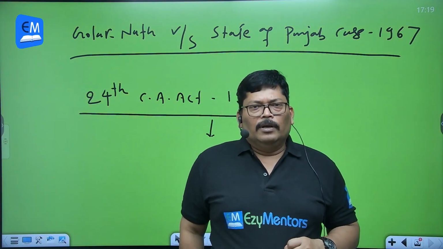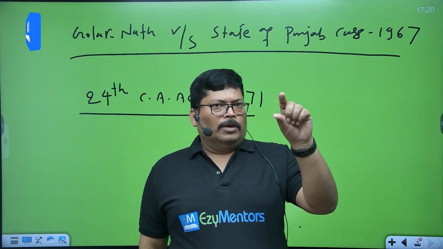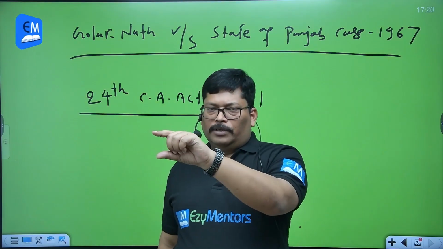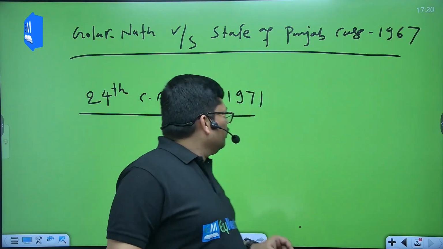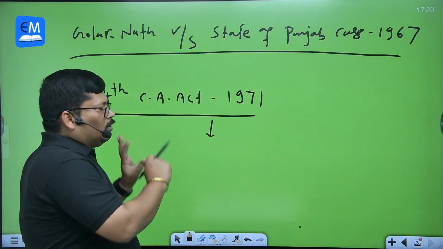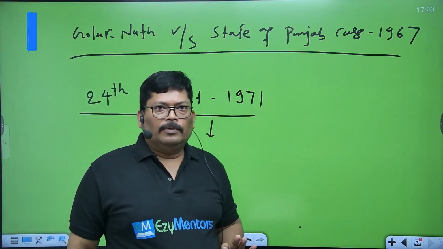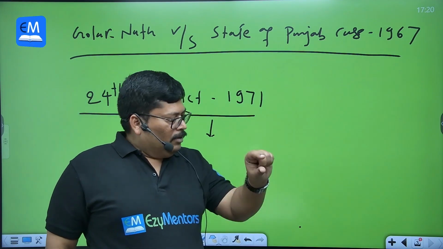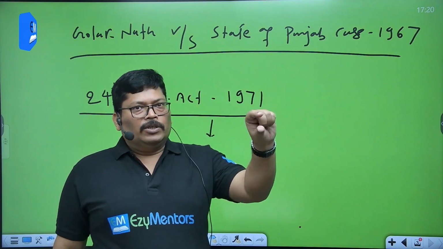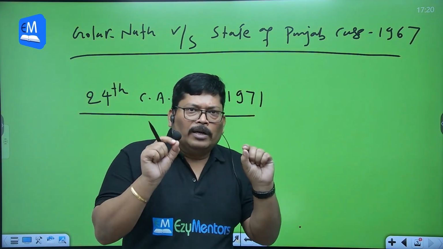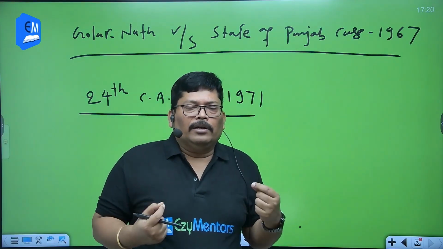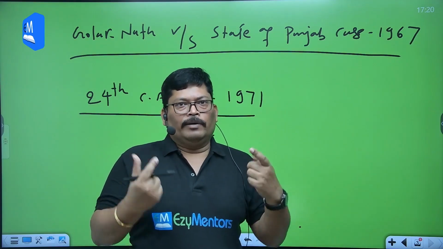Earlier, the title was the procedure to amend the Constitution. But after the 24th Constitutional Amendment Act, the title was changed into the power of the Parliament to amend the Constitution and the procedure therefore.